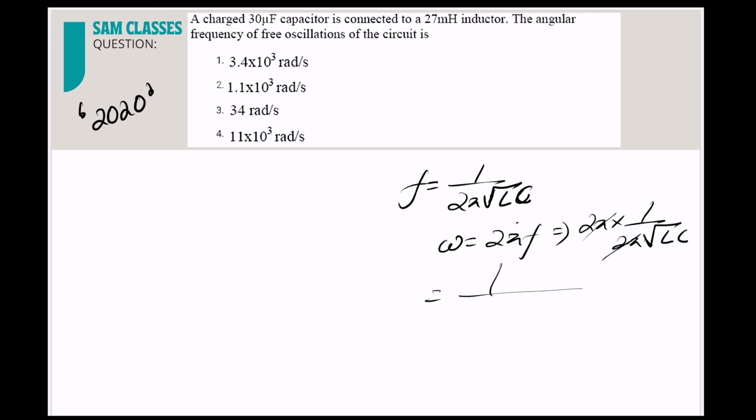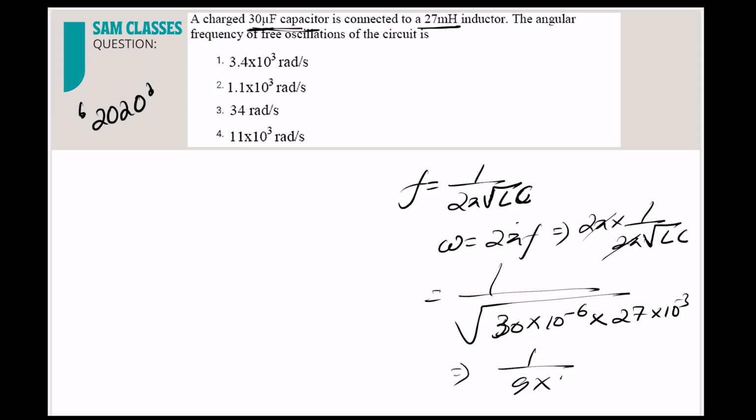So that is equal to 1 by root under of, writing the capacitor first, 30 microfarad, so 30 into 10 power minus 6, into 27 into 10 power minus 3 millihenry. Correct. If you solve it, you will get somewhere around 1 by 9 into 10 power minus 4.